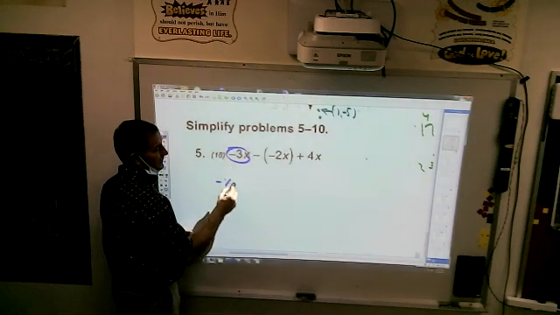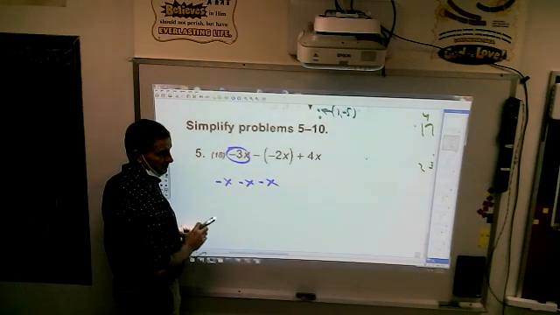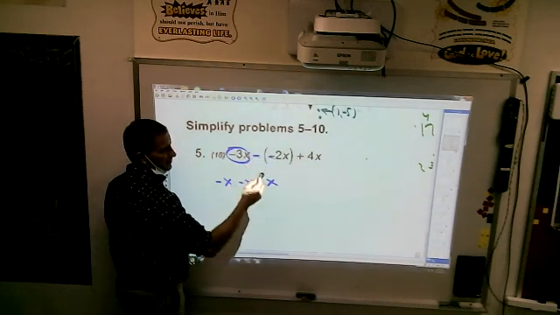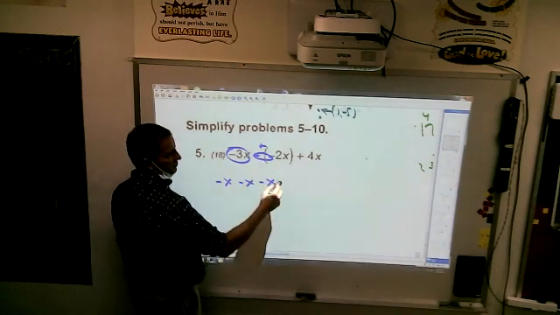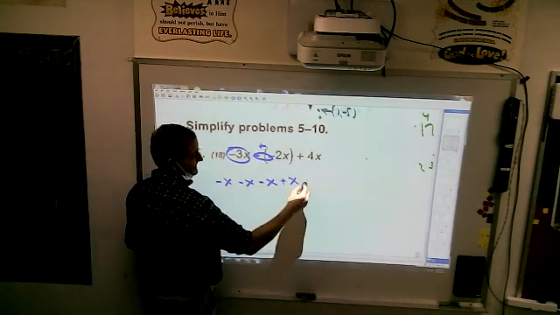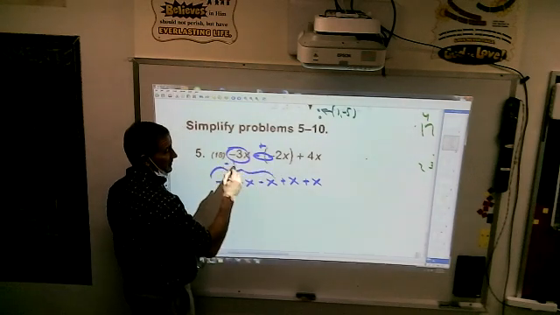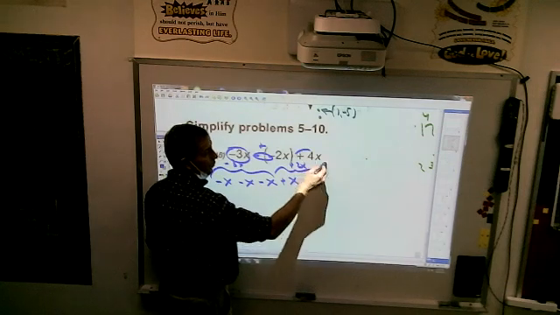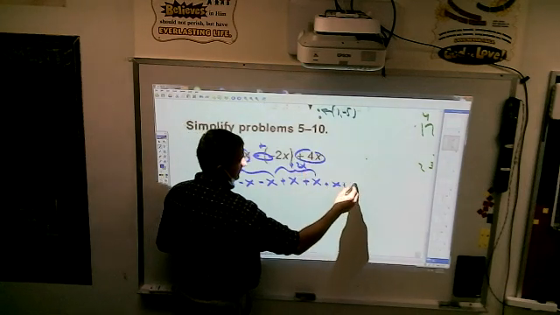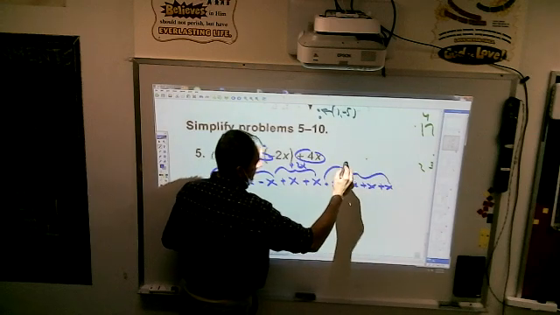That means you have 3 minus x's. That's what negative 3x means. This one is a minus, and 2 minuses put together always gives you a positive. So this ends up being plus 2 x's. This is the same as a minus 3x, this is a plus 2x, and then you have 4 more x's added to that.